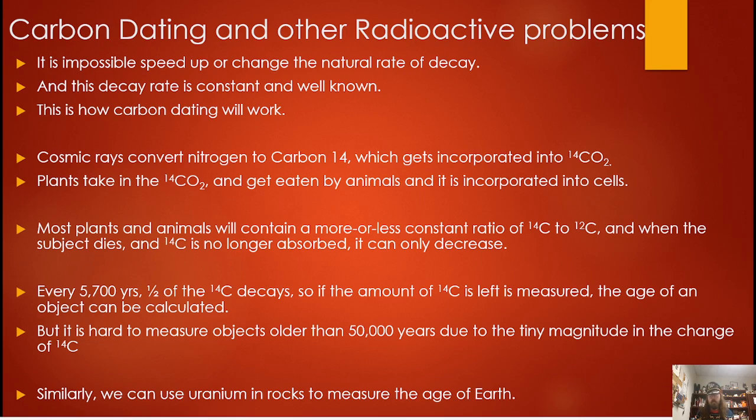It only occurs in uranium deposits from the special decay process. By measuring how much lead-206 there is versus how much uranium there is, we can measure essentially how old this rock is. And this is the way we can approximate the age of the Earth based on the age of these rocks.